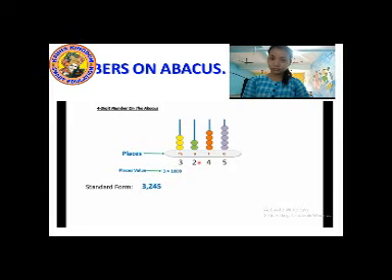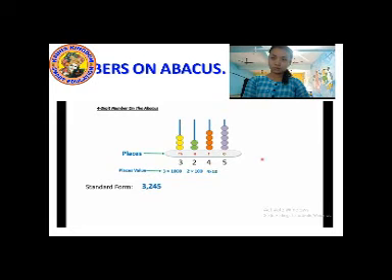Which digit is there at hundreds place? 2. So the place value of 2 is 2 multiplied by 100. Next place is tens place. Which digit is at tens place? 4. So the place value of 4 is 4 multiplied by 10.